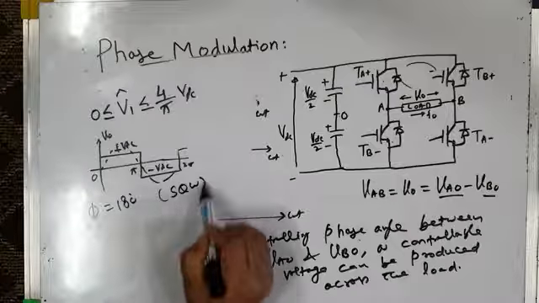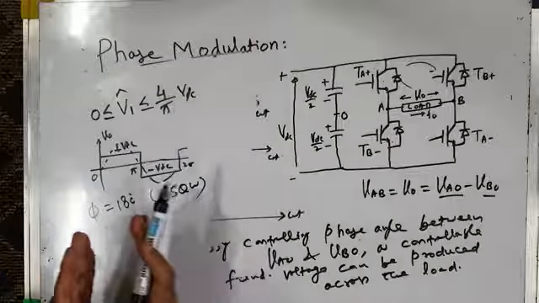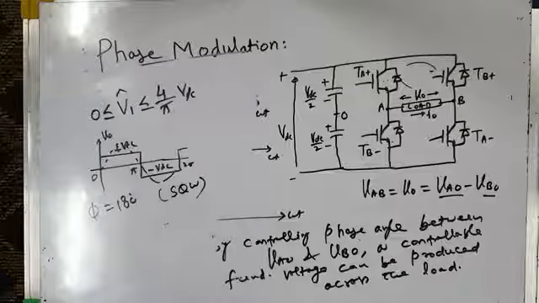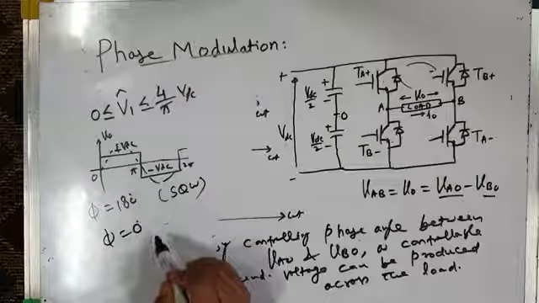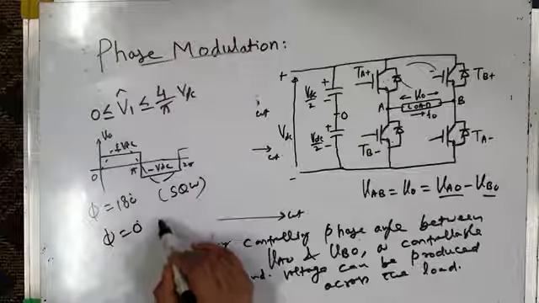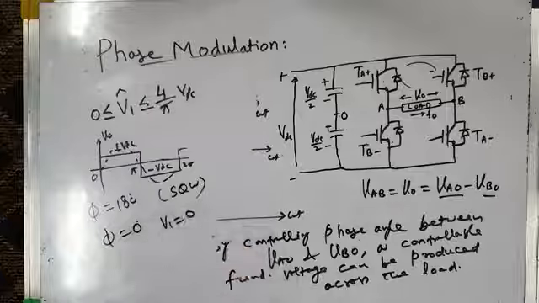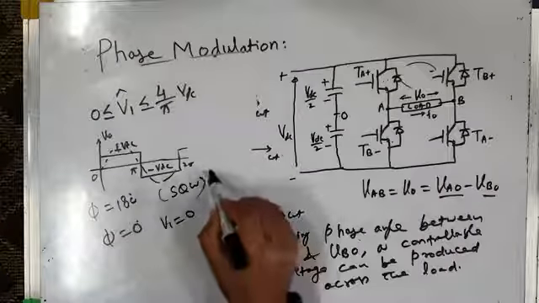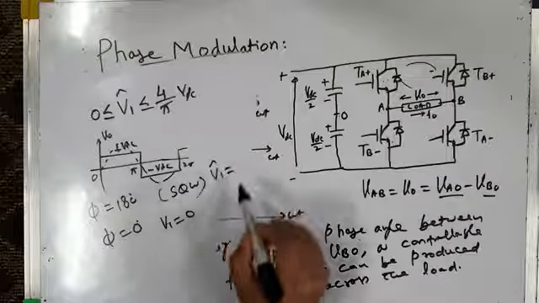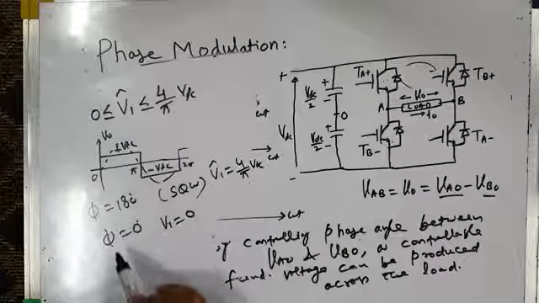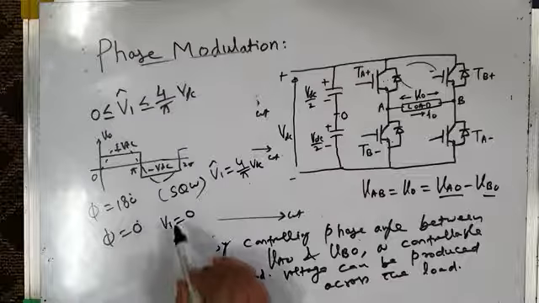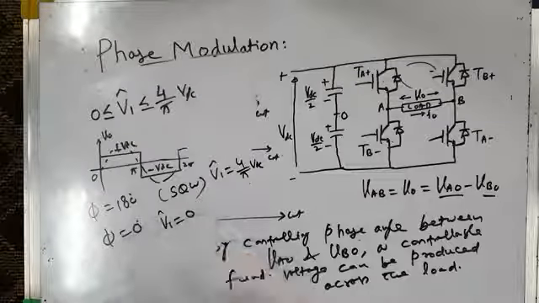This is square wave operation. And then if you reduce the phase angle between the two pole voltages, you can get a variable output voltage. And when the phase angle between the two pole voltages is 0, inverter output voltage will be equal to 0. For phi equal to 180 degrees, the peak value of the fundamental component of voltage is maximum, that is 4 by pi VDC. And for phi equal to 0 degrees, the fundamental component of voltage will be 0.